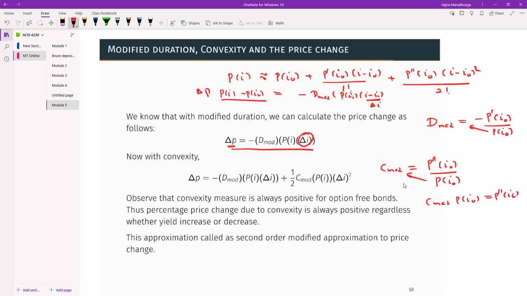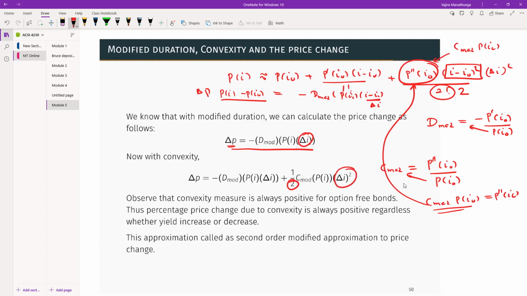So I can replace this term by this one. 2 factorial is 2, so that's why you have 2 here. This one is now replaced by modified convexity times P naught, and then this term is delta i squared. So that's why you have delta i squared here.